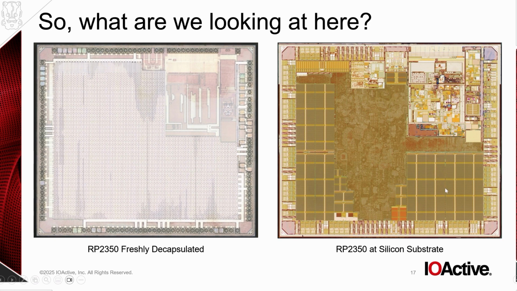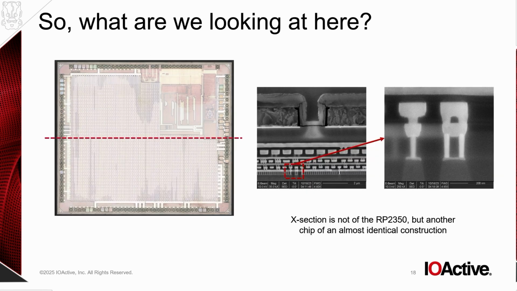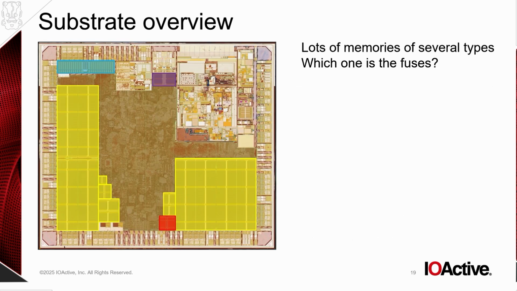Yeah, these big blocks, they have to be RAM because there's no other memory that would be that prevalent on the chip. But anyway, we take this chip that we've taken an optical image of, and we will put it into the SEM, and then we'll try and identify all of these memory types, and then hopefully we can find out where the fuses are.